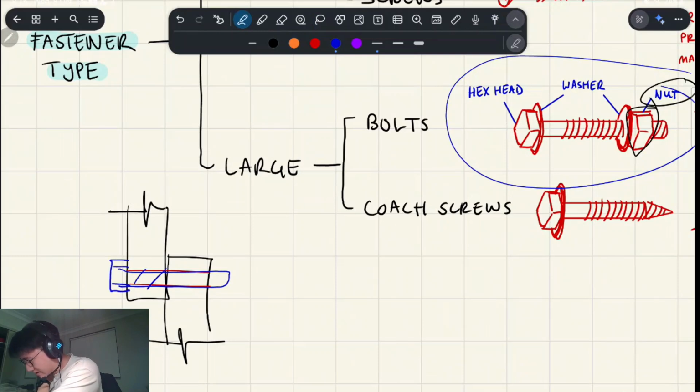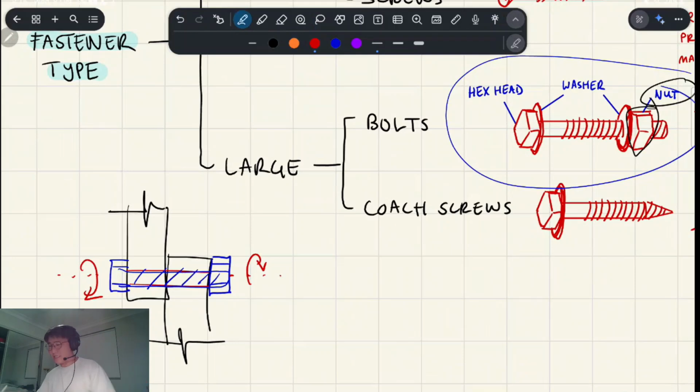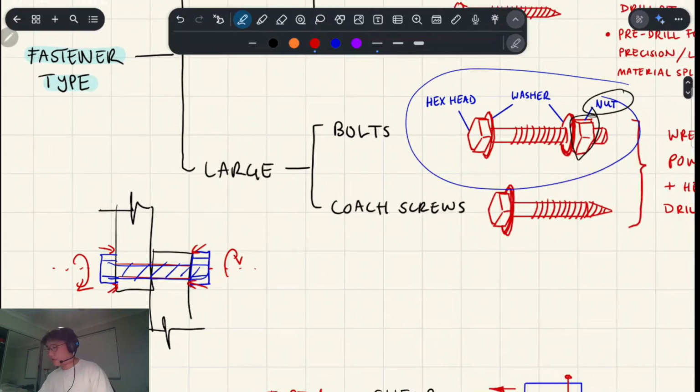And now it's loose, so it doesn't do anything. It just comes out. So you need the nut on the other end, which you torque in, righty-tighty. Then what happens is there's a clamping force imposed by the nut, well, technically there'd be a washer here to distribute the pressure, imposed by the nut onto the washer, which goes onto the material.